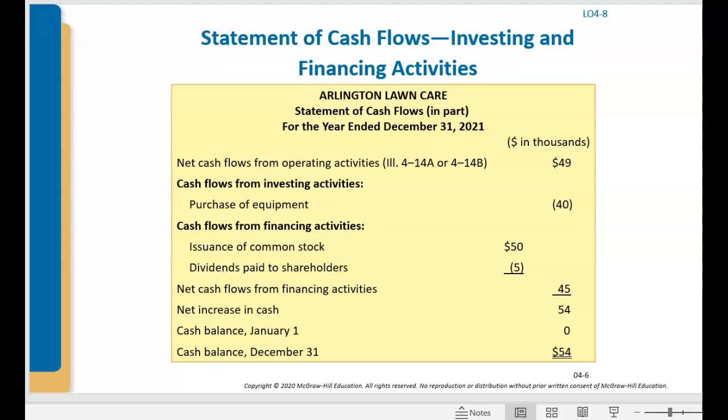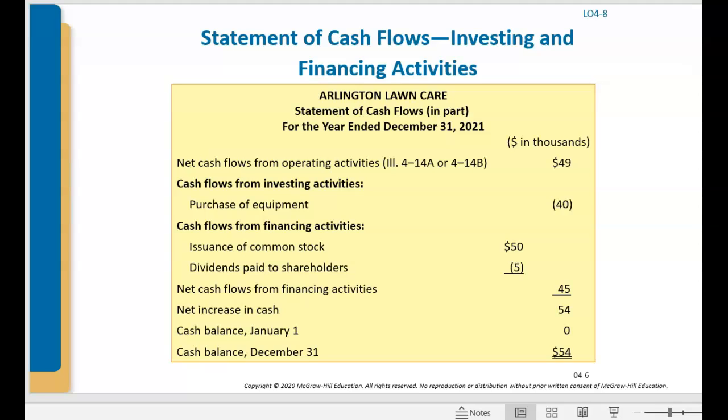Now, the other two remaining sections of the statement of cash flows is your investing activities. Your investing activities is the analysis of investments purchased or sold. If you purchase the investment, that would be a use of cash. If you sell the investment, that would be a source of cash.